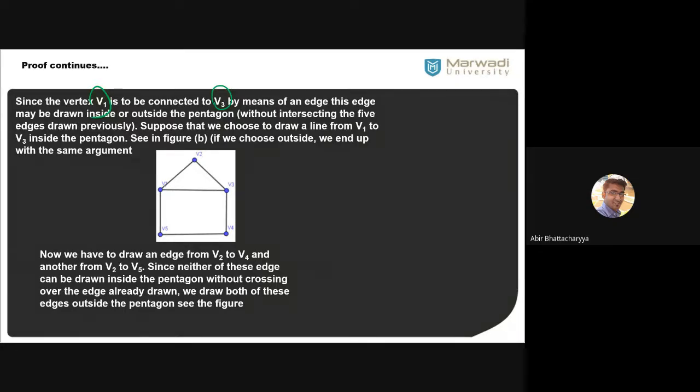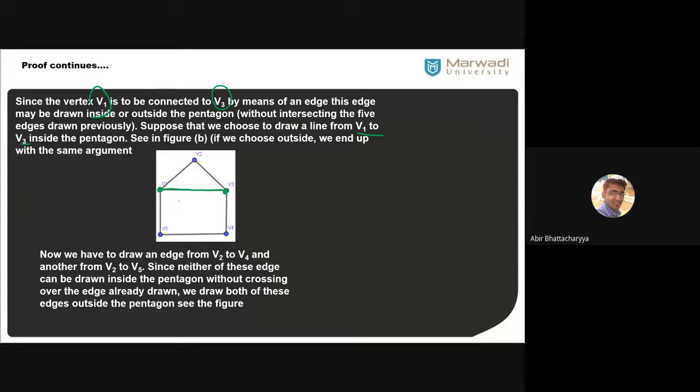Now, in this case, we draw a line from V1 to V3. This is a new line. Still, if you observe, we increase the regions, but there is no edge crossover. Is there any edge crossover now? No edge crossover. Still, we are in a position to say this is a planar graph.